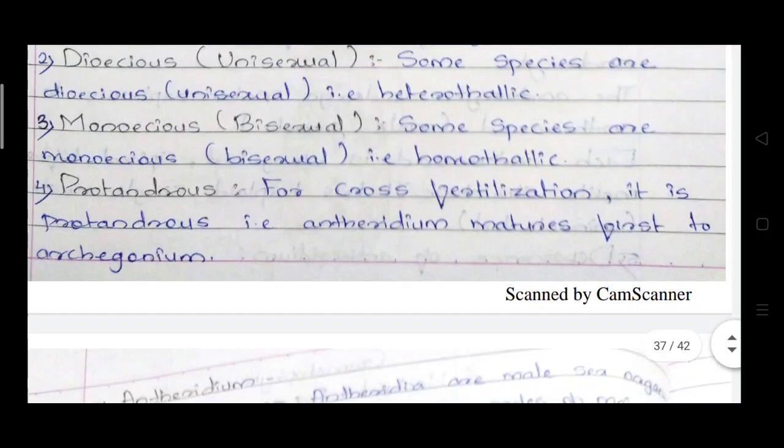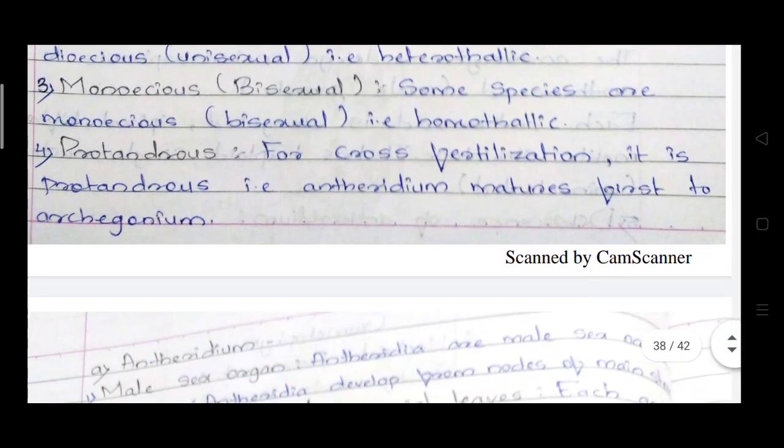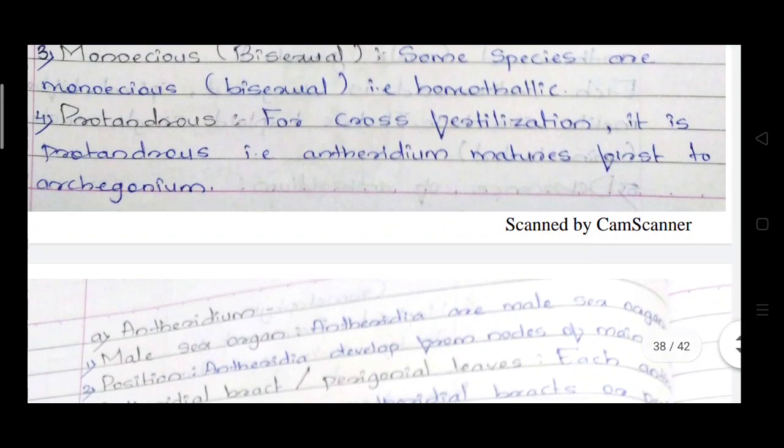Some species are bisexual, that means both male and female sex organs are present on the same thallus.